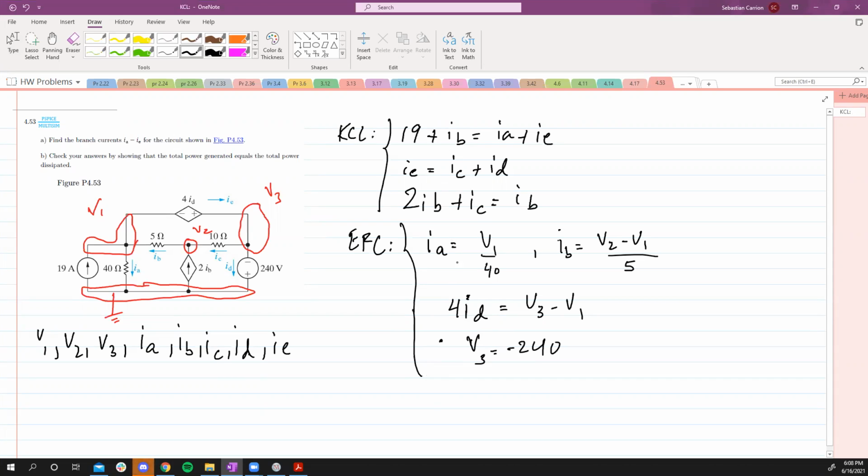What else am I missing? Then IC is equal to V3 minus V2 over 10. And that gives 1, 2, 3, 4, 5, 6, 7, 8.